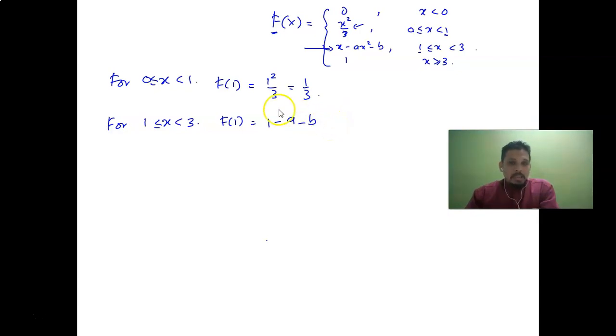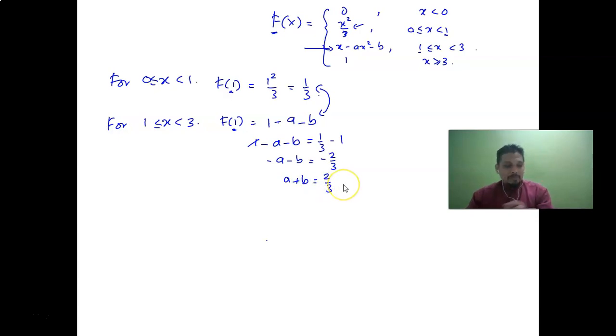And class, because the value at x equal to 1 is the same for both pieces, we can simply combine these two. 1 minus a minus b equal to 1 over 3. Then negative a minus b equal to, bring this 1 to the side, negative 1: 1 over 3 minus 1 equal to negative 2 over 3, or a plus b equal to 2 over 3. We put this as equation 1.